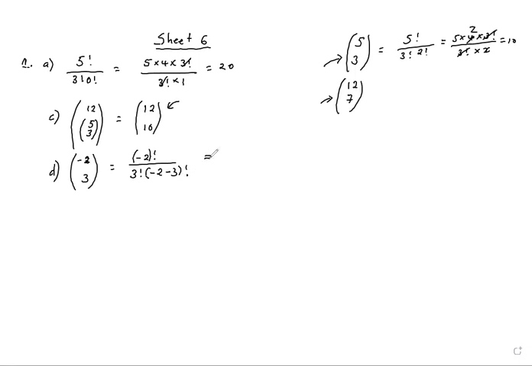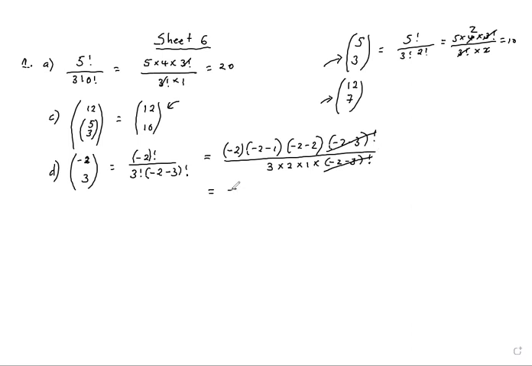This means that from the top there, we have -2, -2 minus 1, -2 minus 2, -2 minus 3, divided by 3 by 2 by 1 by -2 minus 3 factorial, so that this and this can cancel each other.